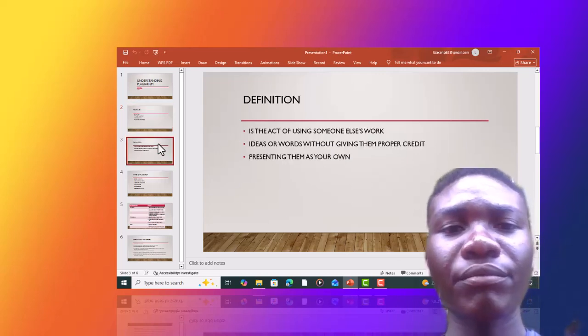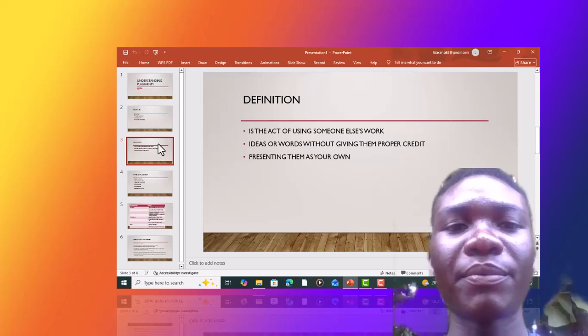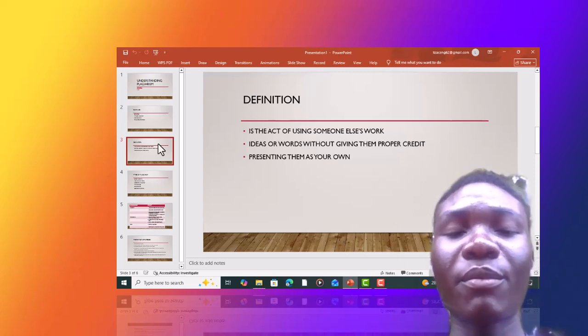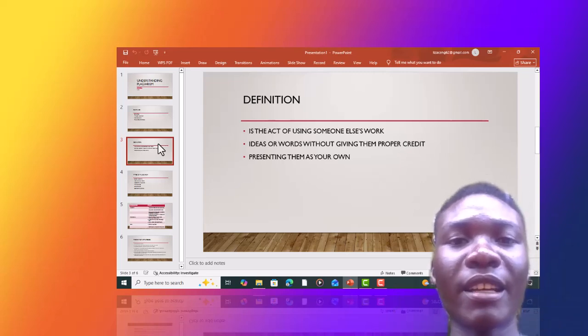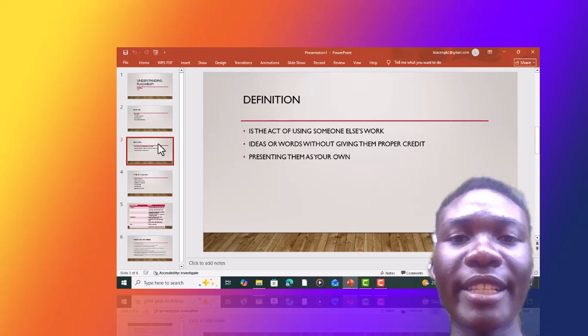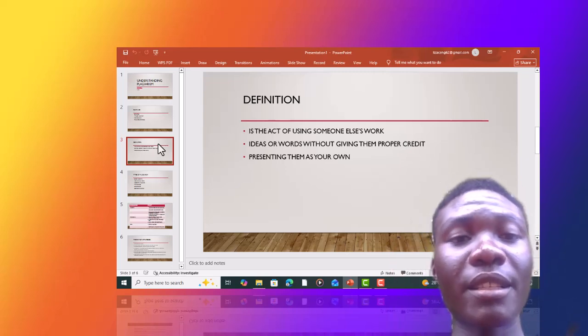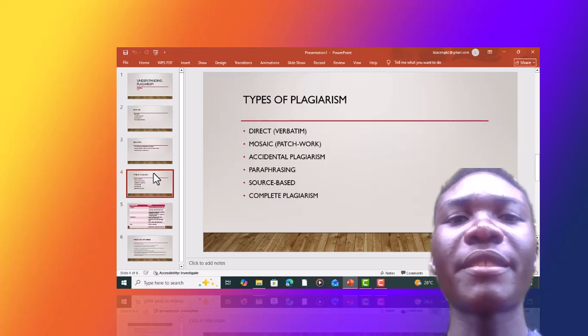So now, if we go straight to the definition of plagiarism, it is just the act of using someone else's work, ideas, or words without giving proper credit, presenting them as your own. This, in many cases, involves copying someone's ideas, like when students are given coursework, without citing them. So that's basically the definition of plagiarism.